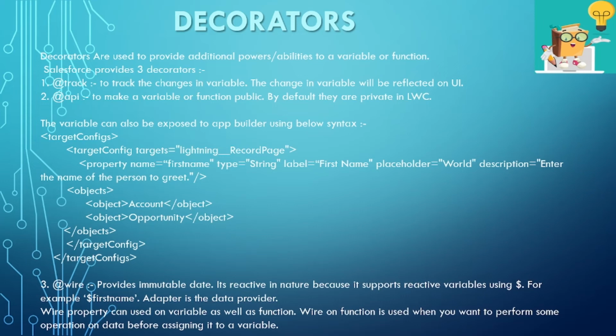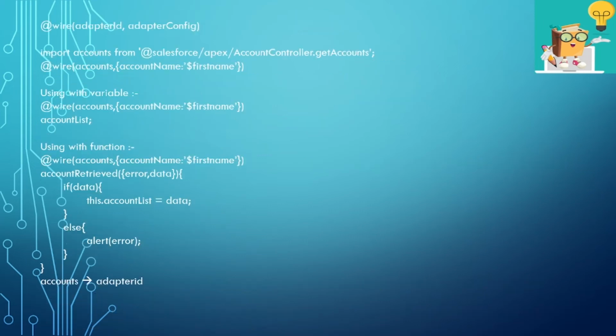Now, any wire property or wire decorator majorly works on adapters. So what are adapters? Adapters are basically your data source from where wire is going to fetch the data. If we see the syntax of any wire function, wire functions have two parameters: one is your adapter ID, and another is your adapter configuration.